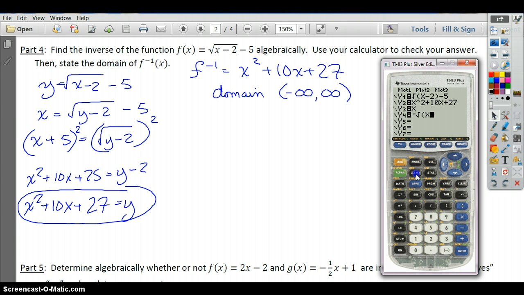If you wanted to see the other half that goes with this square root of x minus 2 minus 5, there would be your other half. You can see now that that's our nice fair reflection. So, are they inverses algebraically? Yes. Do we check it on our graphing calculator? Yes. This mirrors up, and your domain is here.